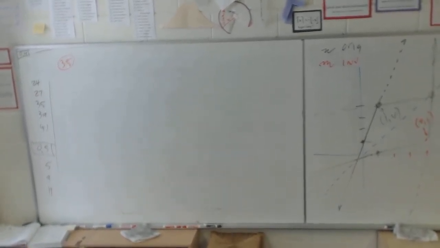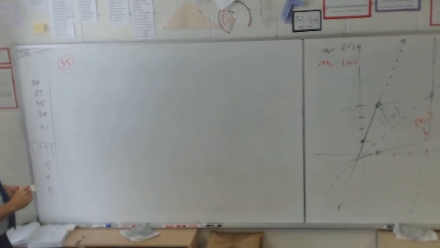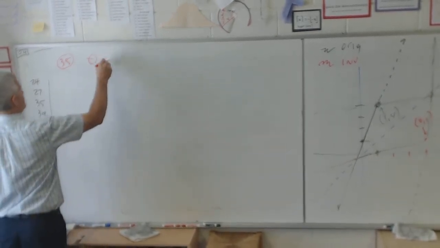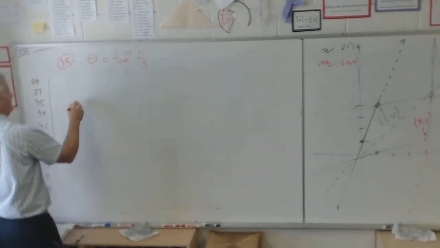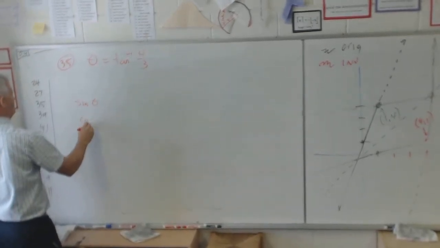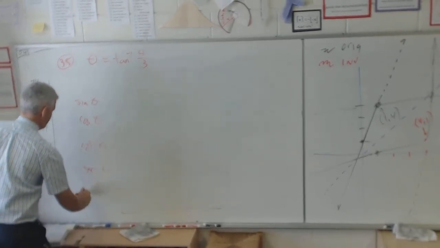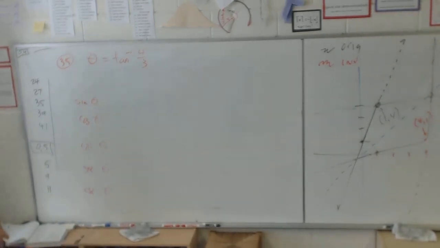Given that theta equals the inverse tangent of 4/3, find the exact values of sine of theta, cosine of theta, cotangent of theta, secant of theta, and cosecant. So you're going to notice some trig review thrown at us right here.